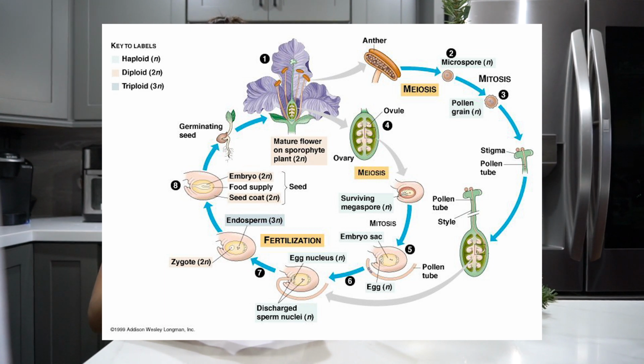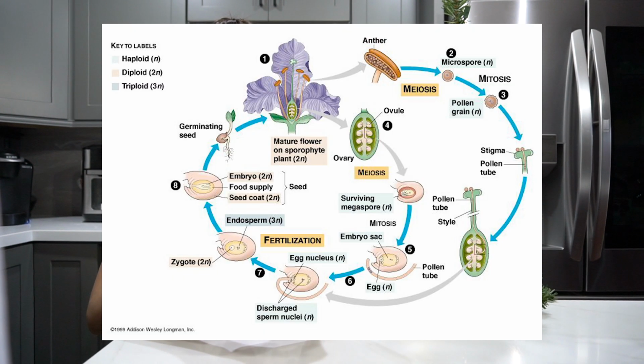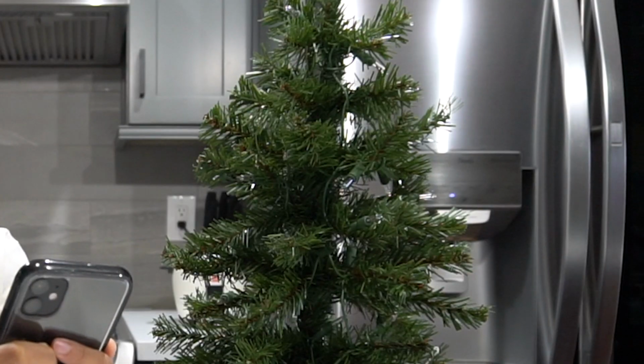Within the gametophyte, an egg cell develops. Pollen is released and distributed by wind, or in this case, a bee. Then, the pollen germinates to produce a tube, which makes its way through the stigma and down the style. Once the pollen tube is close to the egg, sperm is released and the egg and sperm fuse to produce a zygote. The zygote develops into an embryo and the ovule becomes a seed.